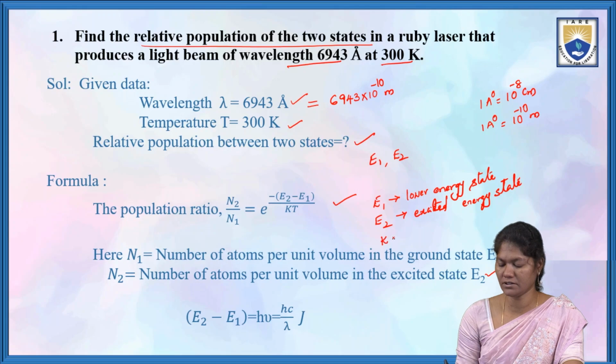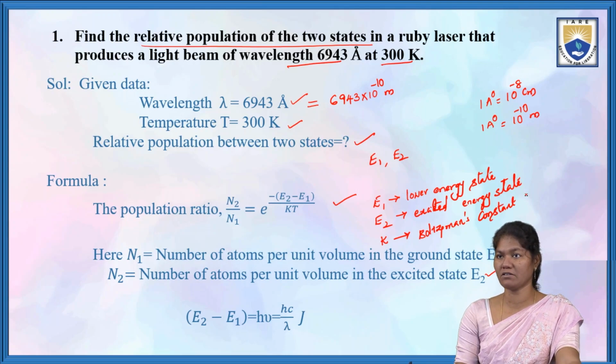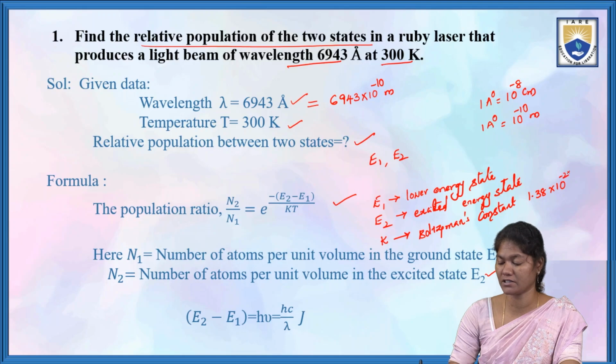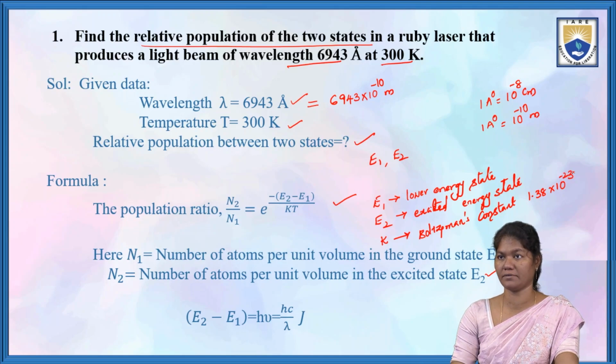K is the Boltzmann constant, and its value is 1.38 into 10 power minus 23.